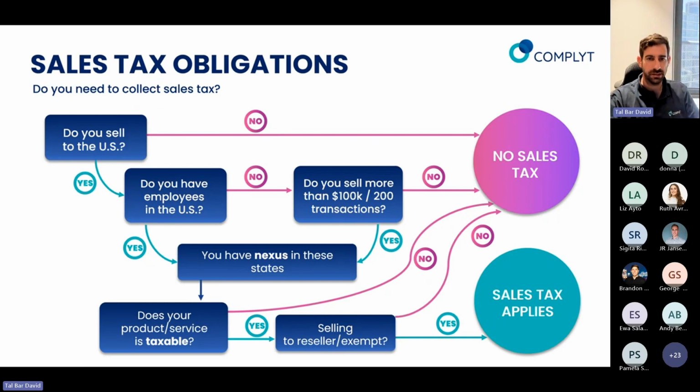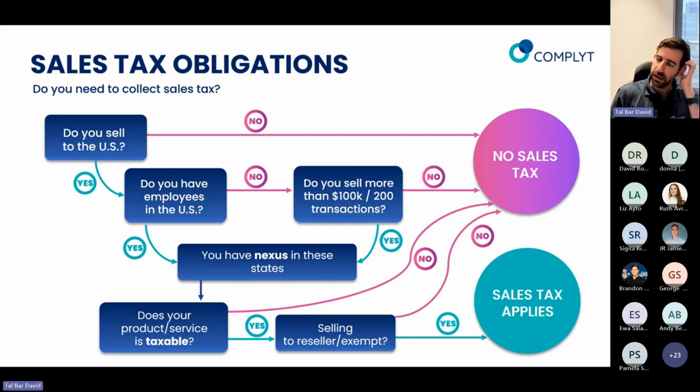So this should be an exempt transaction. So don't rely only on what your customer tells you, whether they are exempt or not. Always insist on getting the appropriate certificate that justifies and gives you the evidence that they are really exempt.